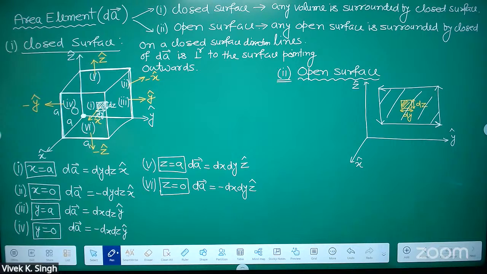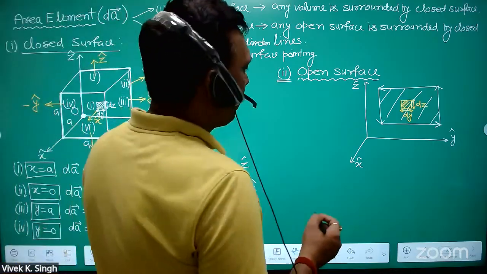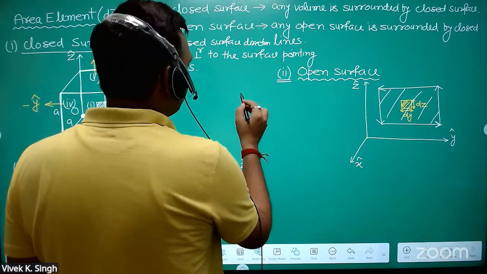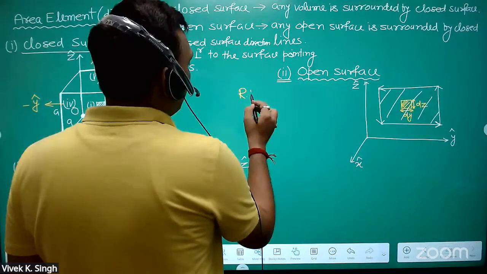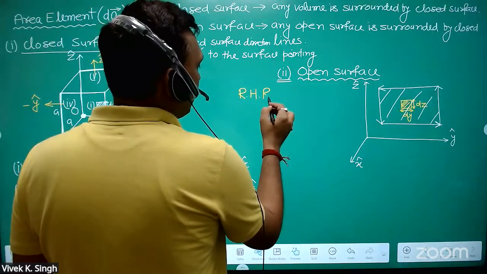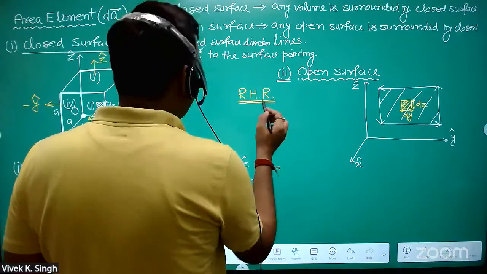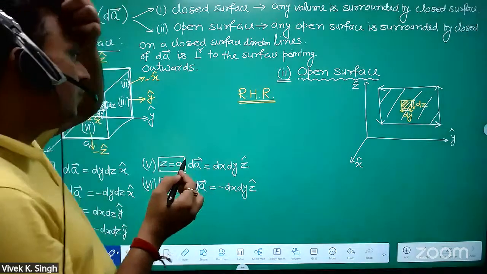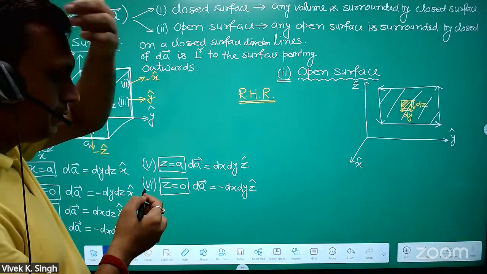But what will be the direction? Let's see. What will be the direction here? Sir, x cap. So again you have to use the right hand rule. Now see, this is the second time I'm using the right hand rule, and this is for the direction of dA.